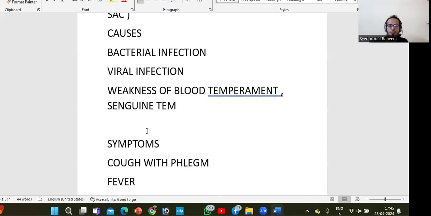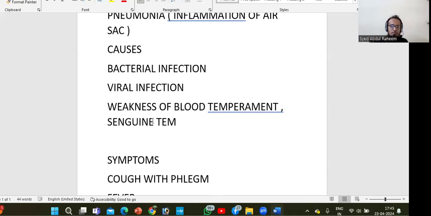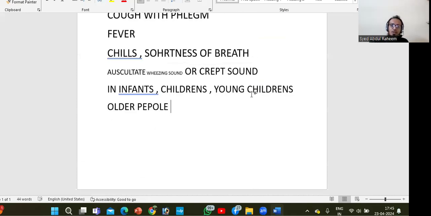It is weak, so you have to improve the blood temperament. These are the things we have to remember while treating children, infants, or older people. Okay, and what examinations can we do?